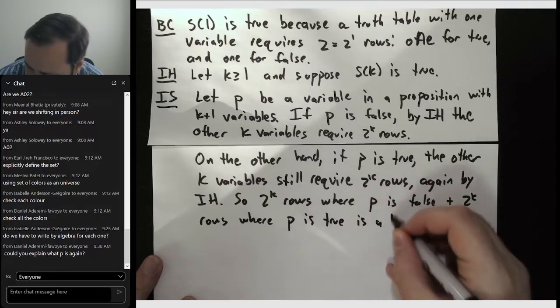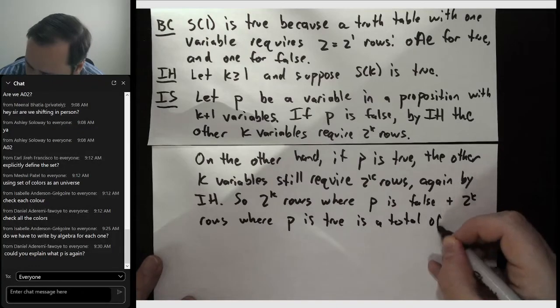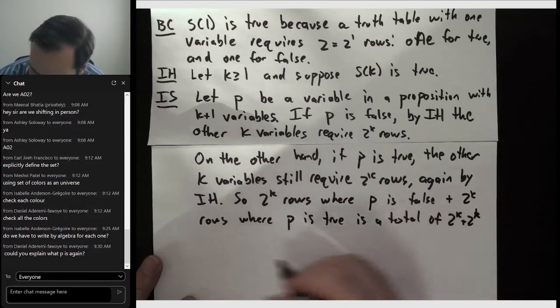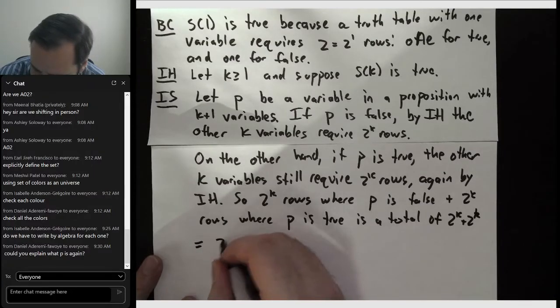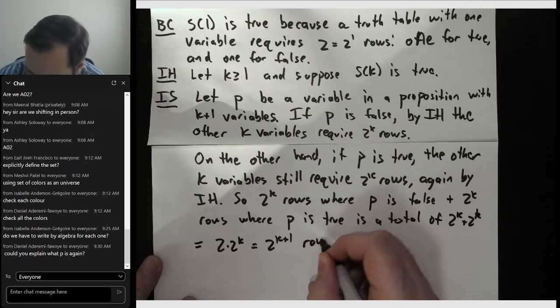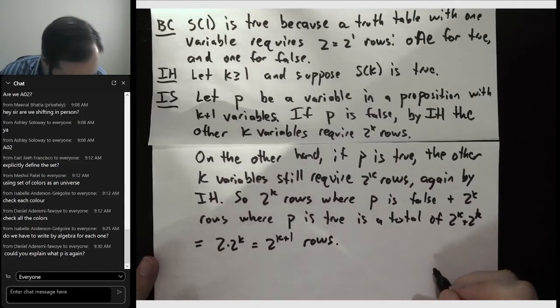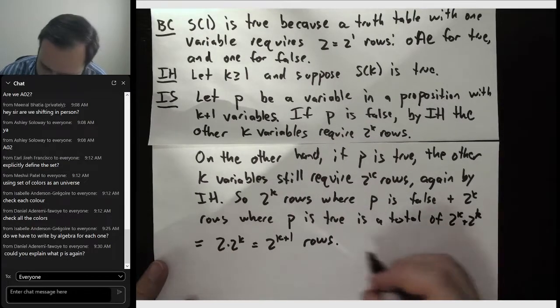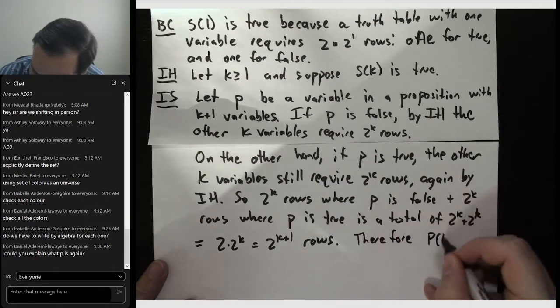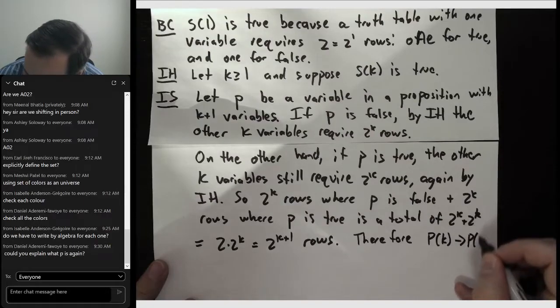Is a total of 2 to the k plus 2 to the k, which is equal to 2 times 2 to the k, which is equal to 2 to the k plus 1 rows. Therefore, P of k implies P of k plus 1.